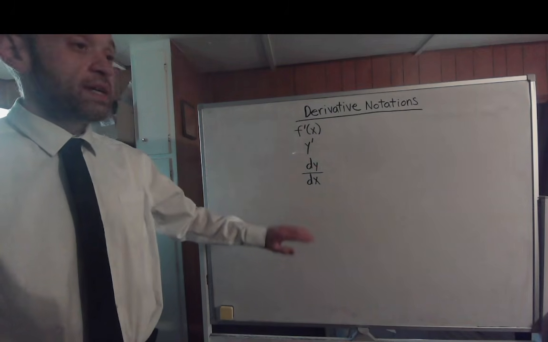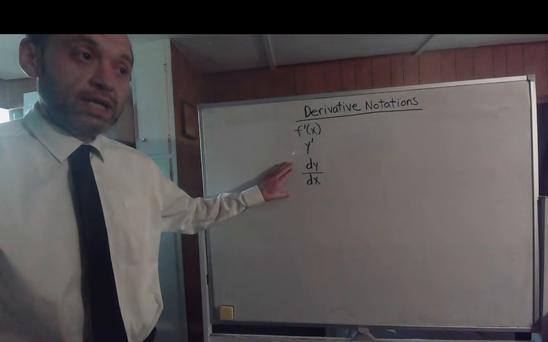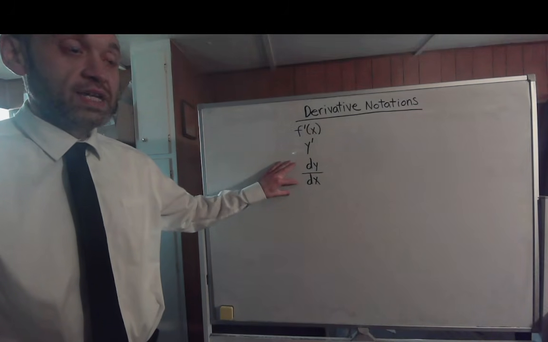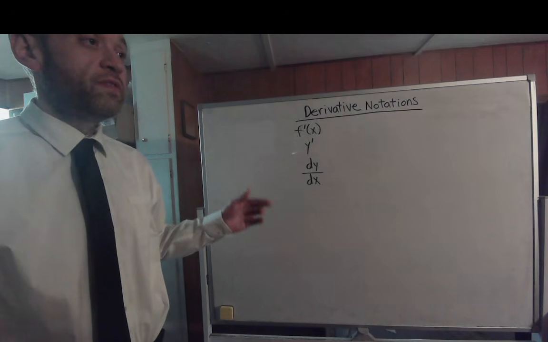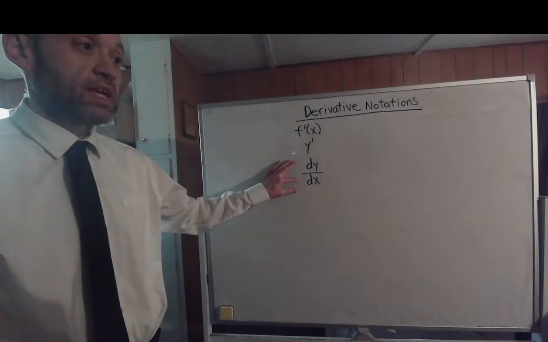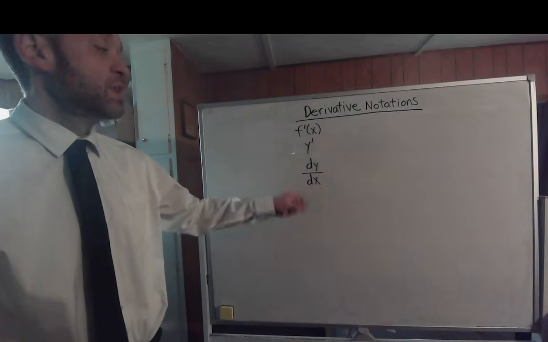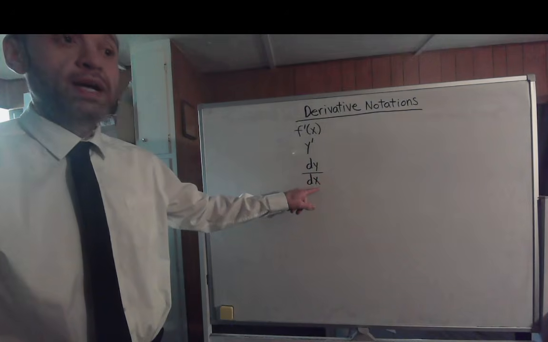You also may see dy over dx. What does dy over dx mean? It means the derivative of the function y with respect to x. That's exactly what that means.